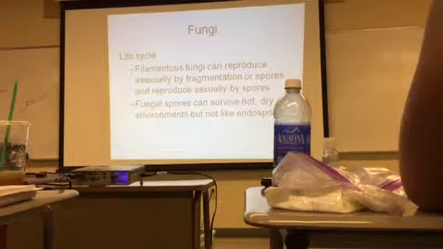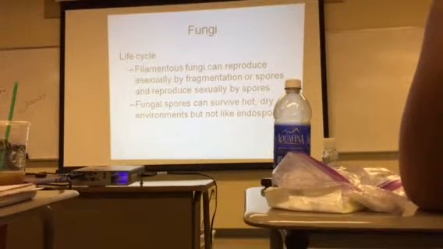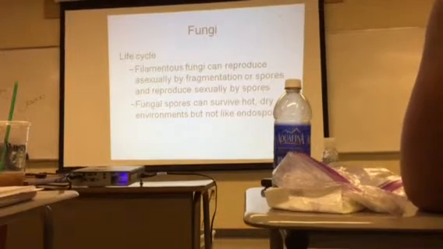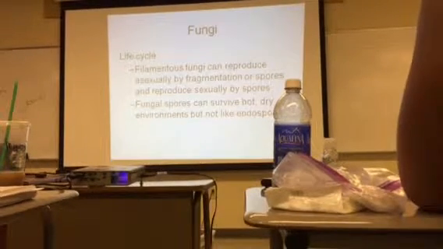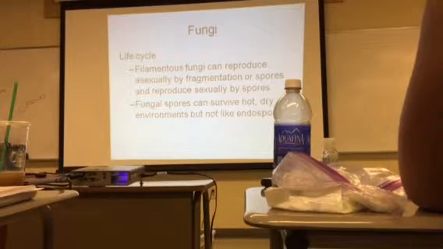Life cycle: filamentous fungi reproduce asexually by fragmentation or spores, and they reproduce sexually by spores. Fungal spores aren't as hardy as endospores, but they can survive hot, dry environments.